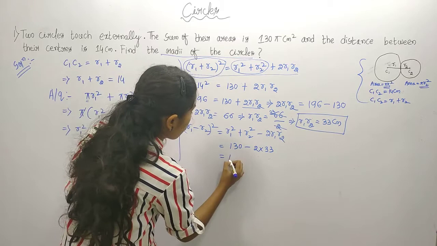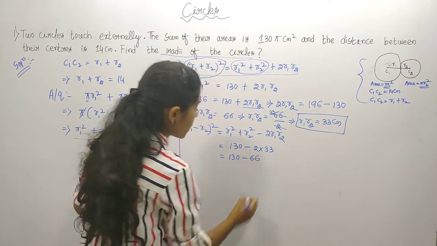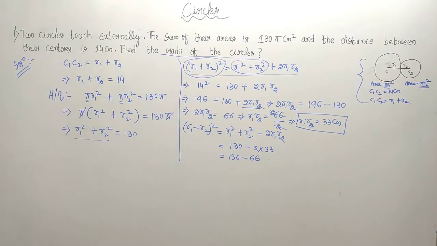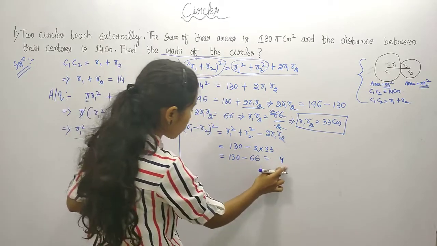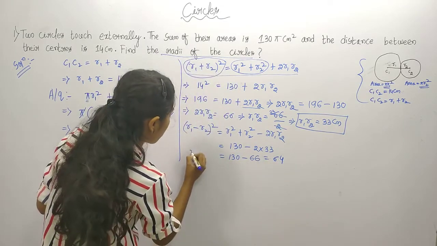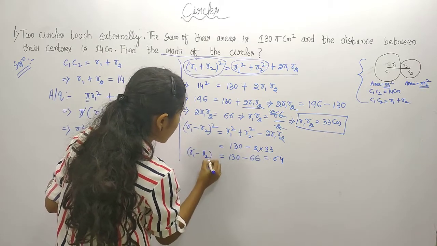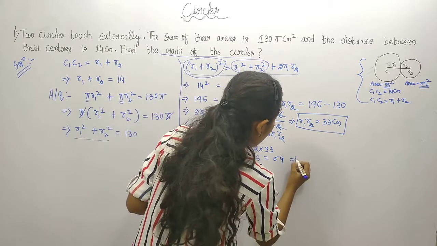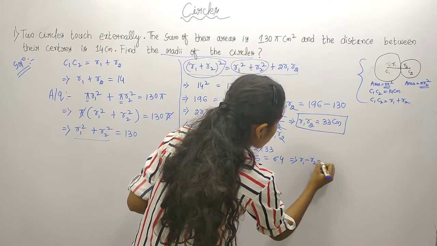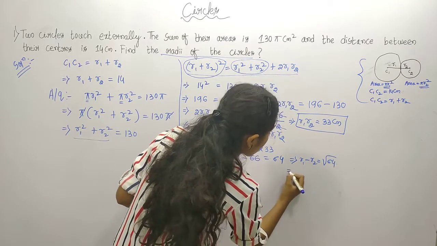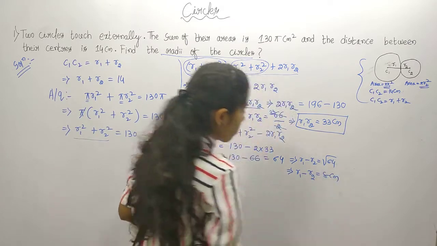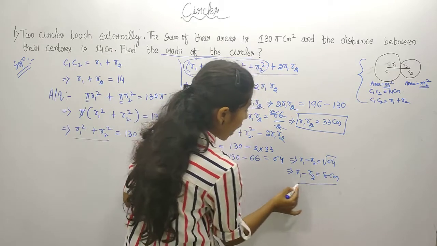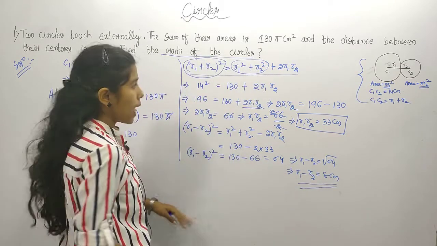So how much did it come? 130 minus 66 is 64. So (r1 minus r2) whole square is 64, so r1 minus r2 equals square root of 64, which is 8 cm.